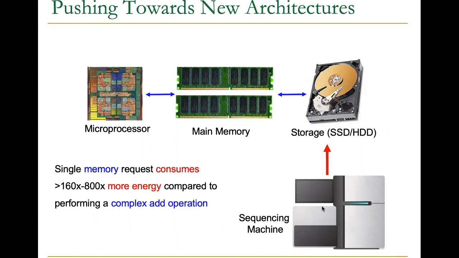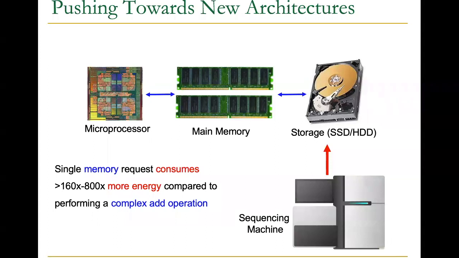The sequencing machine is a totally separate machine, and we need to move the data from the storage to main memory to the processor to process it there. Then we store the data back. This is very inefficient, with a lot of energy issues.